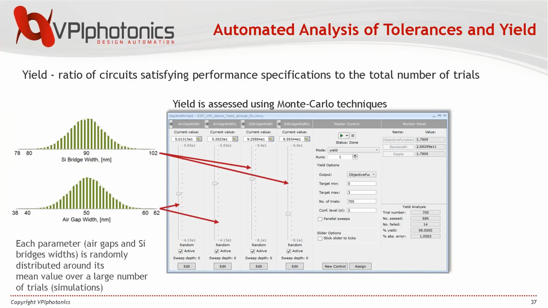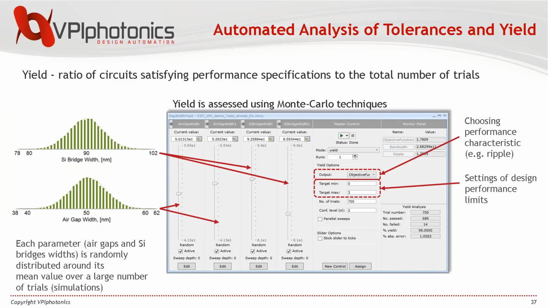And again, we assume Gaussian statistics here. We can define which figure of merit we analyze and what limits we put on this figure of merit. For example, in the case of ripple, our ripple should be less than 3 decibels, and we can specify it here.